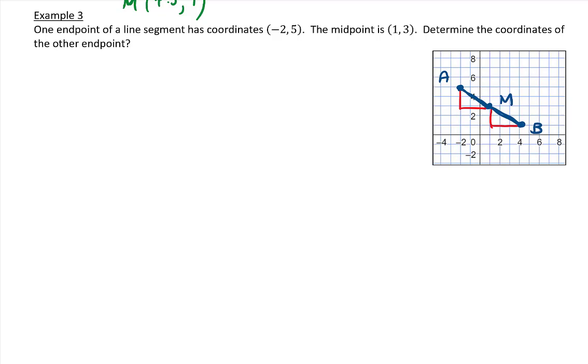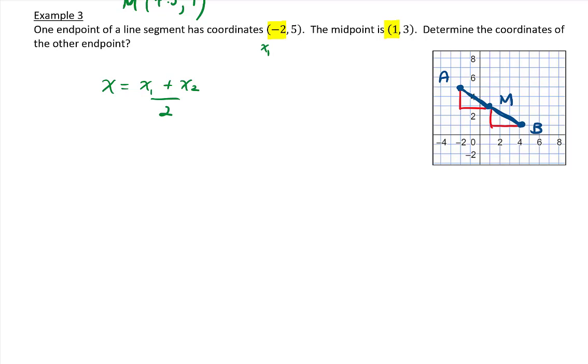So let's start with using the average concept again. There is the x for the endpoint, there is the x for the midpoint. Remember, the x is equal to x1 plus x2 divided by 2. Remember, the x1 and the x2 are the endpoints, and we only have one endpoint. So this here we'll call x1.